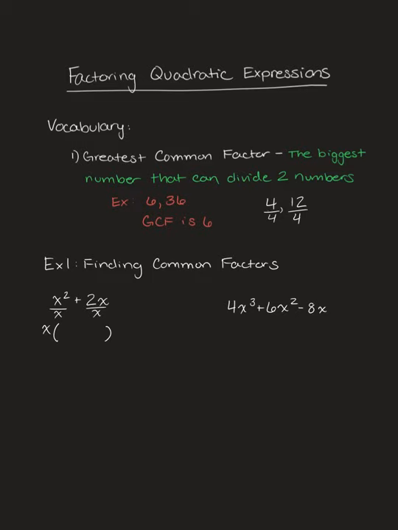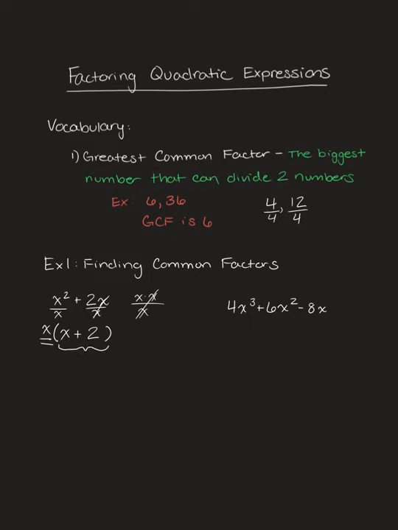If I have x squared on top, so x times x divided by x, I can cancel one of them and I'm just left with x. If I divide 2x by x, the x's cancel, and all I'm left with is 2. So that is factored, okay? I have my greatest common factor out here, and what's left over is inside the parentheses.